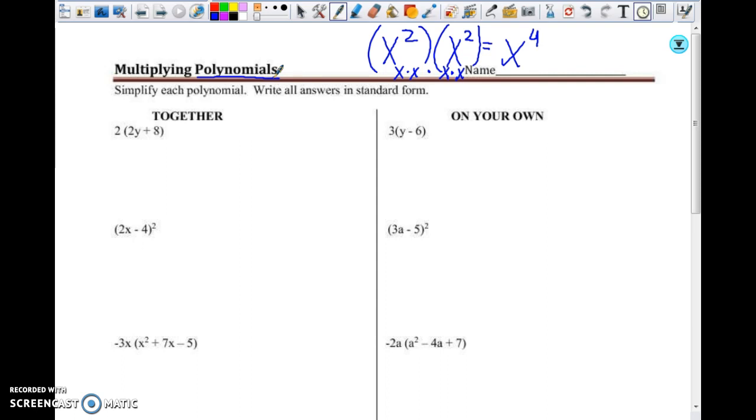So for example, number 1, I have this number attached to a parentheses, and we know that when it's attached right here, it is being multiplied. So I have one term on the outside, the 2, and how many terms on the inside? You should have 2, okay? There's a lot of ways to multiply.